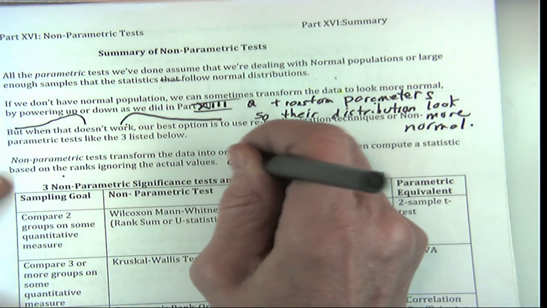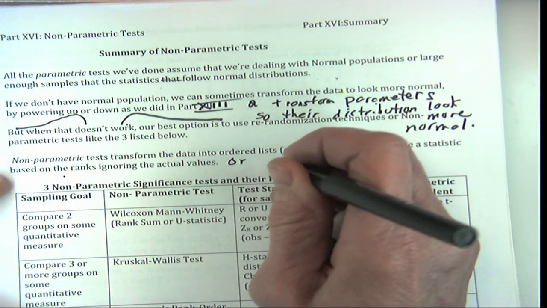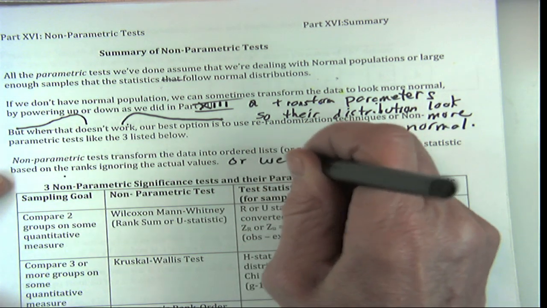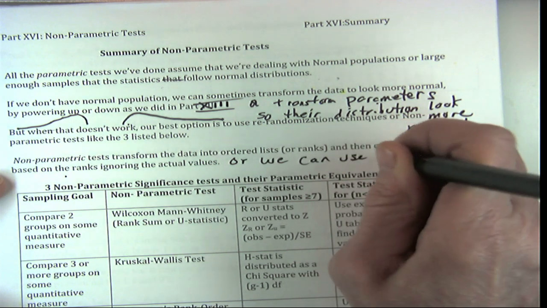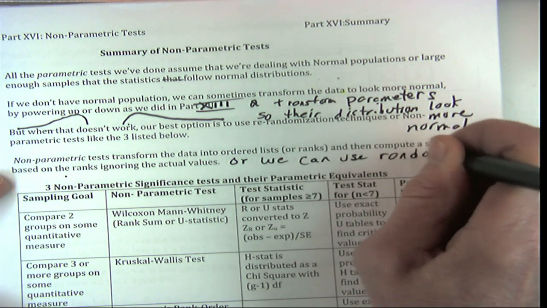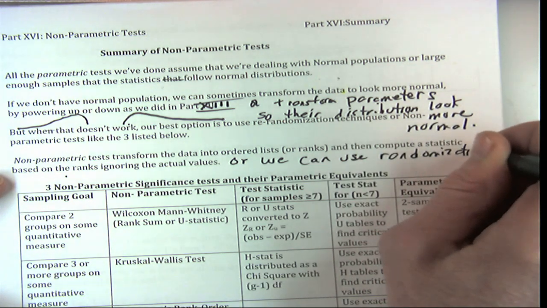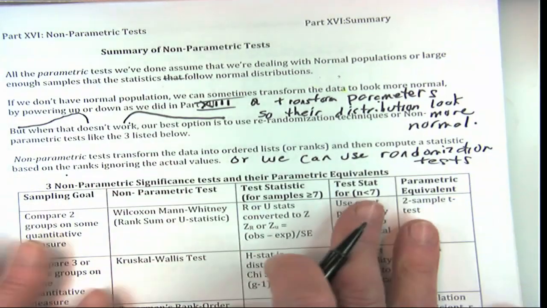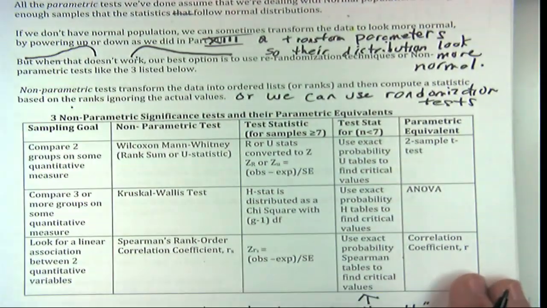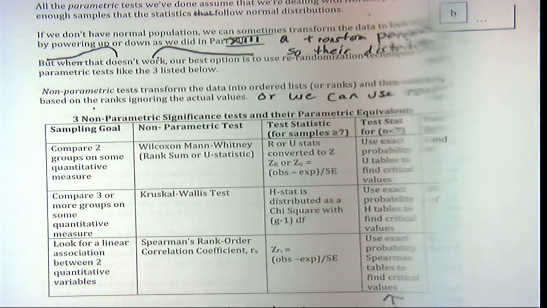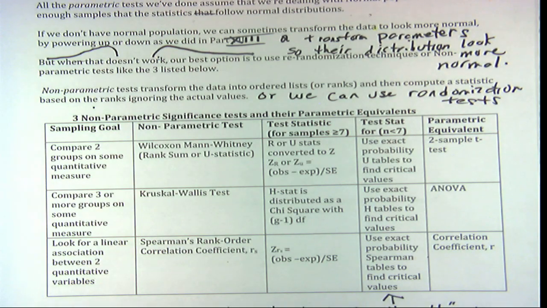Or, like we did before, we do computer simulations with resampling methods. So that's what we've done this whole time. We can use randomization tests. But this part is about the rank tests, and these are the ones we did. That's sort of the summary here. So, long-winded summary, sorry about that.